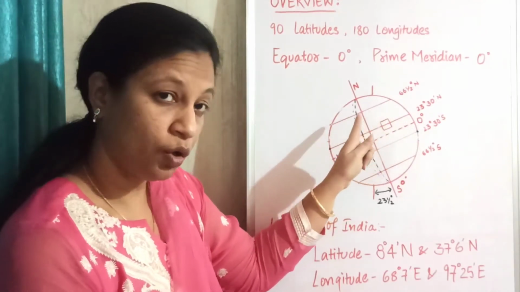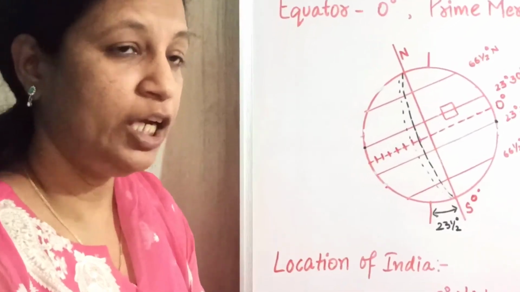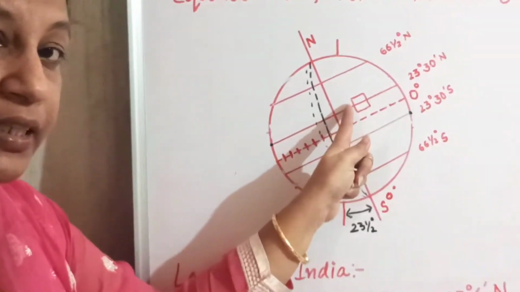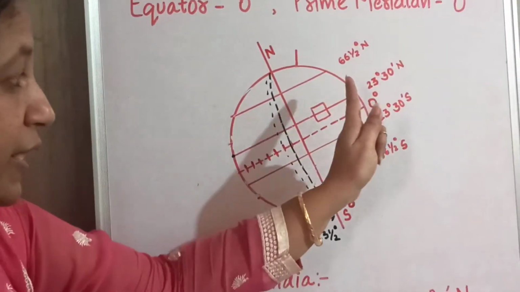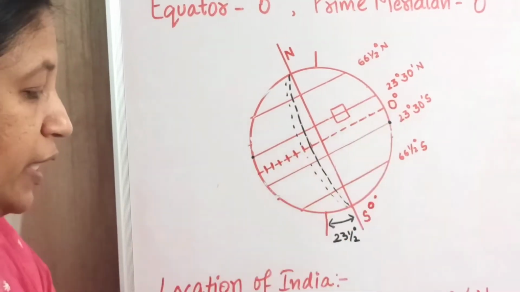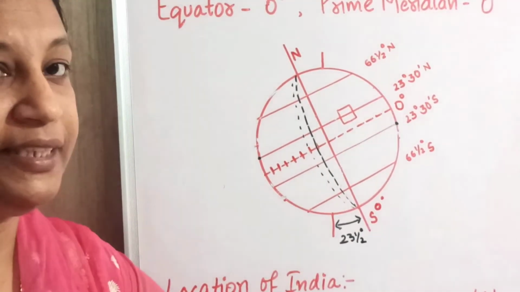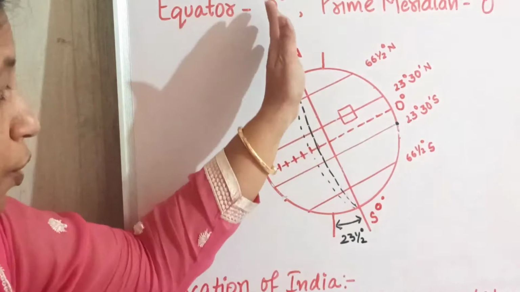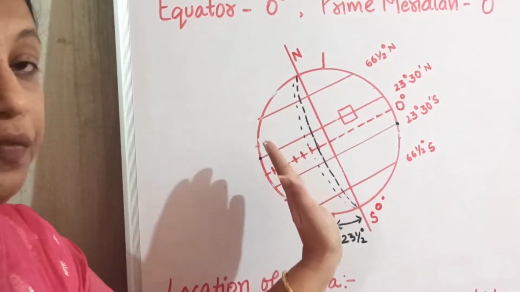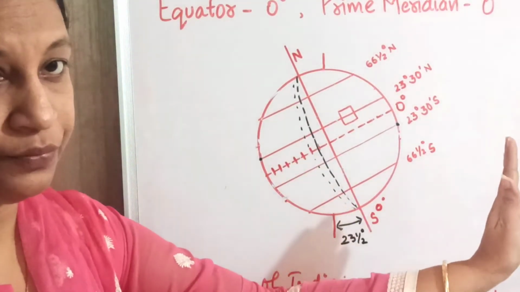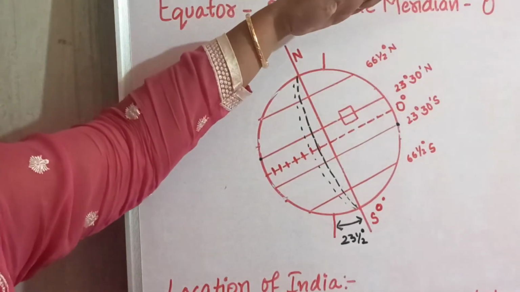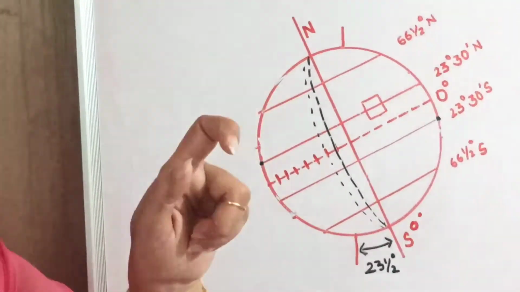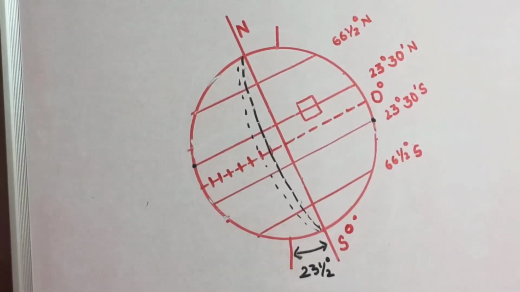According to India, when we take it, this side is west and that side is east. But see here, I have given both the points as east and east, because according to the longitude, we are on the eastern side and we are on the northern side. So our location is north and east.